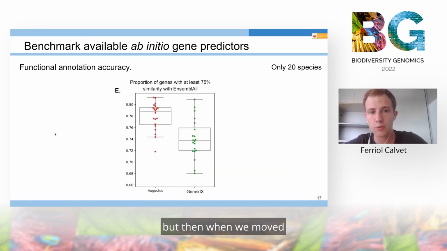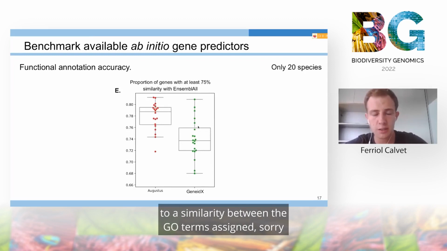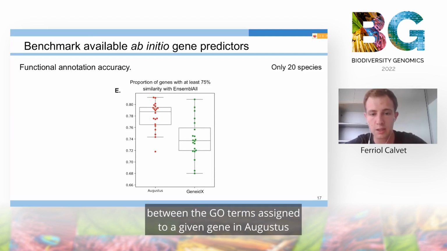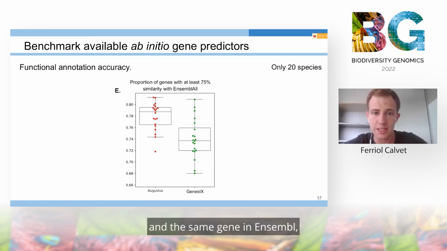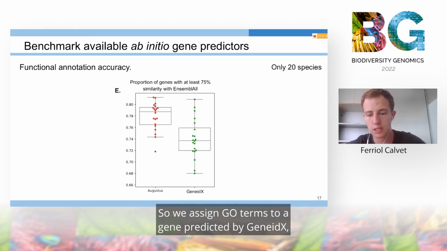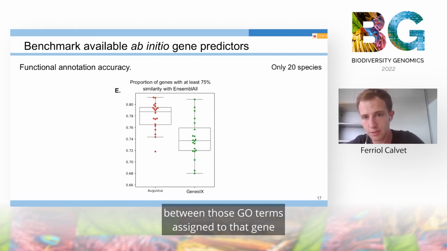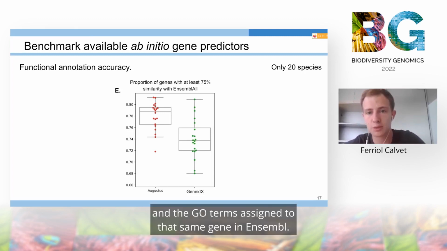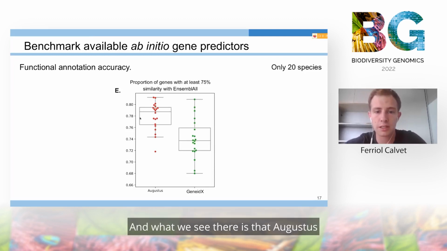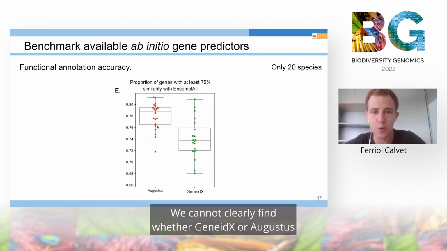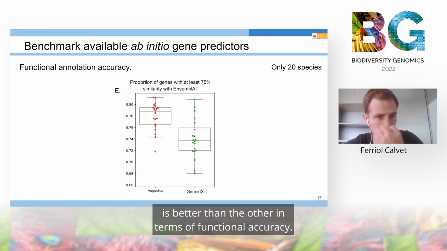But then when we move to the similarity between the GO terms assigned, we assign GO terms to a gene predicted by Geneid, and then we measure the similarity between those GO terms and the GO terms assigned to that same gene in Ensembl. We do the same for Augustus. And what we see there is that Augustus is better than Geneid. So again, the same thing happens. We cannot clearly define whether Geneid or Augustus is better than the other in terms of functional accuracy.